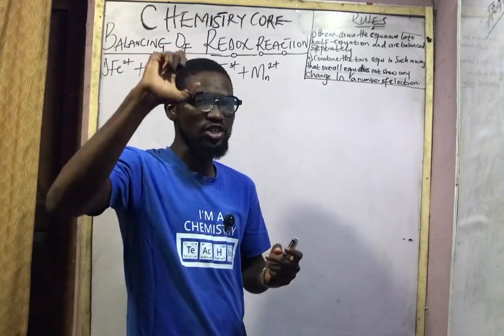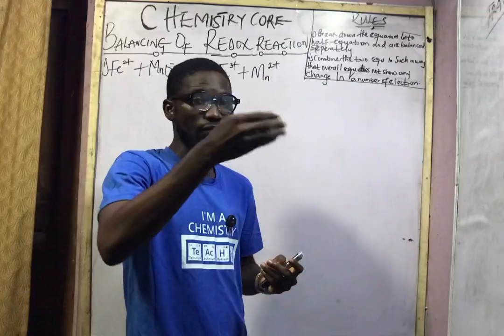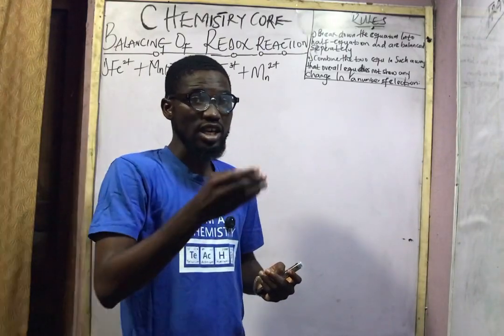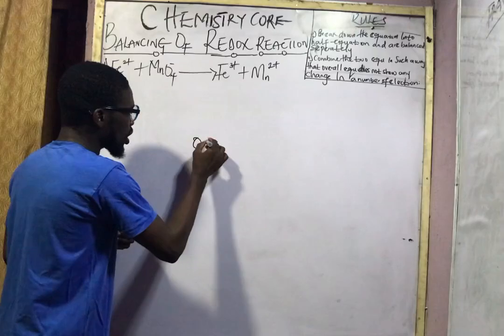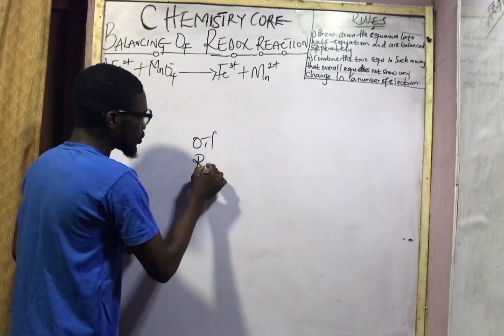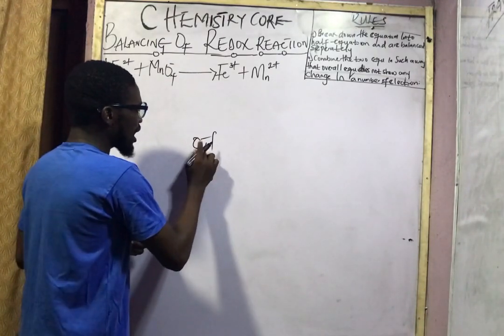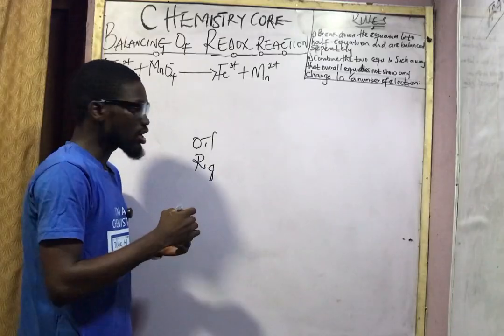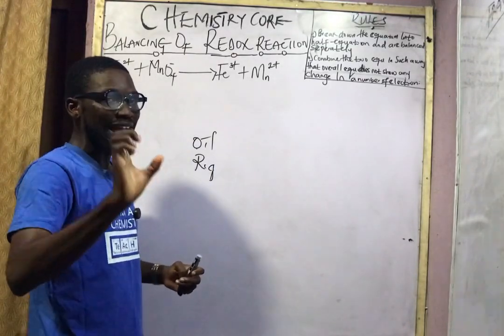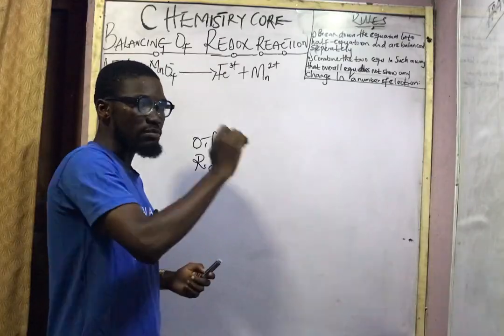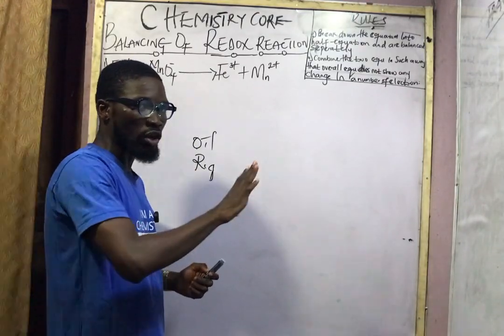And again, what is a redox reaction? It involves the transfer of what? Electron. That is why we have what we call OIL RIG. So oxidation is loss of electron, while reduction is gain of electron. That is not where we are going today, because I've dropped a video on that aspect.